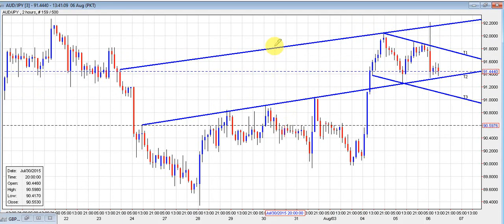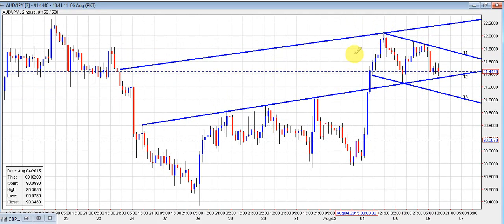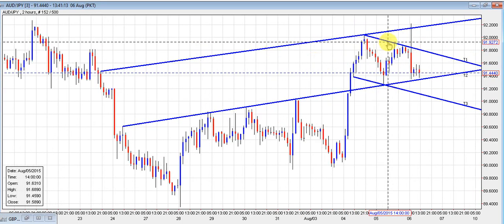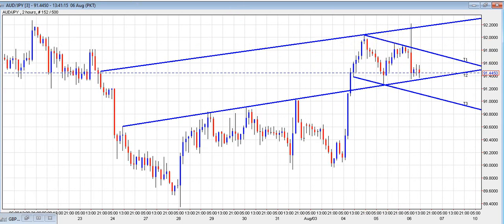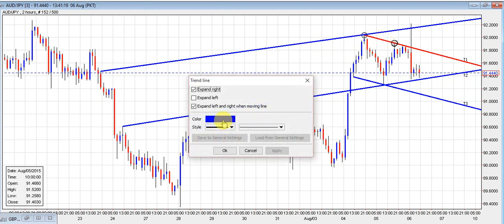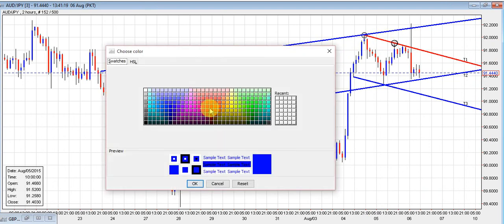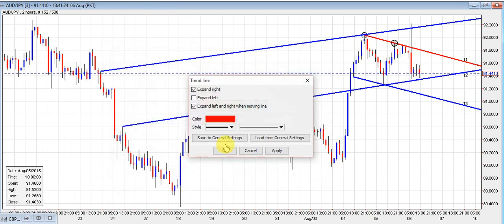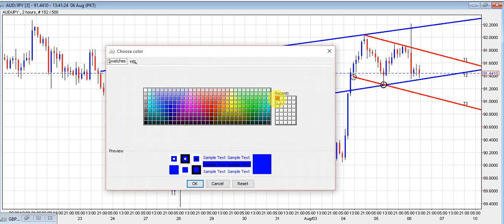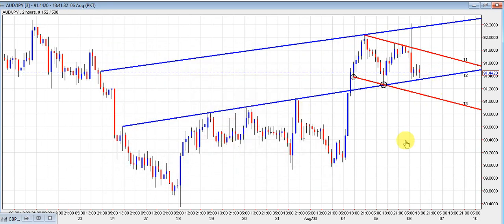See, think of this in these terms. T1. Actually, let me color them different so it's easy to understand. Besides the formation, the red constitutes a bear channel, correct?